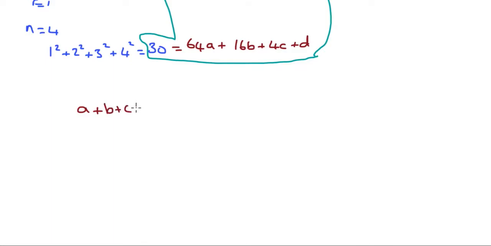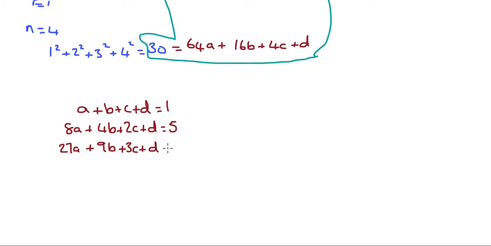A plus B plus C plus D is 1. 8A plus 4B plus 2C plus D is 5. 27A plus 9B plus 3C plus D is 14. And 64A plus 16B plus 4C plus D is 30.